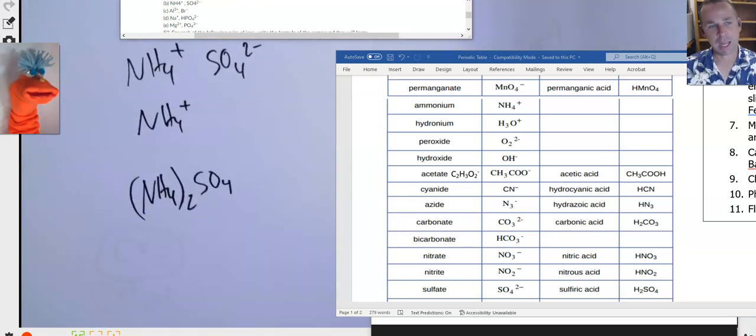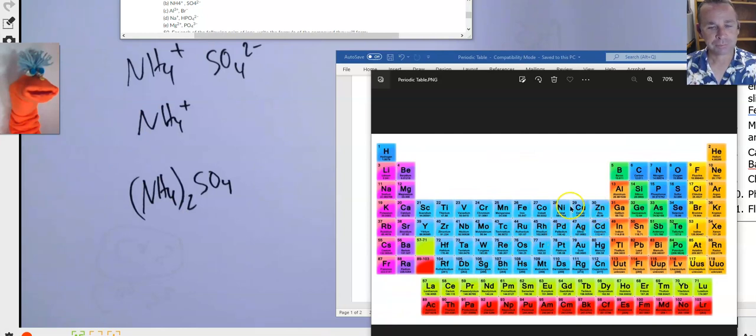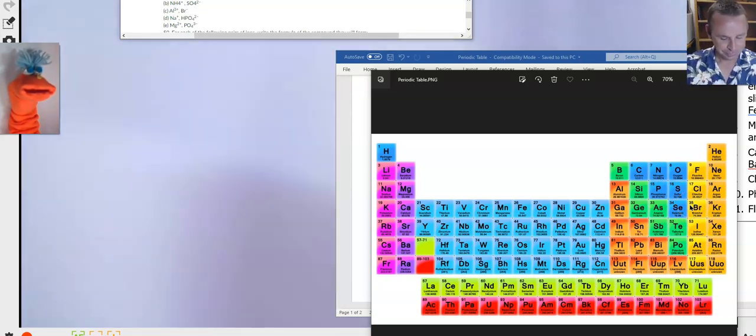Next is letter C. We have aluminum ion and bromide ion. Aluminum, bring up our periodic table here. It's a metal, so we don't call it the aluminide ion, it's just aluminum. But bromine is a nonmetal, so it becomes the bromide ion.